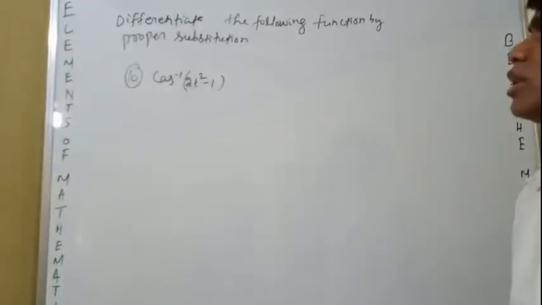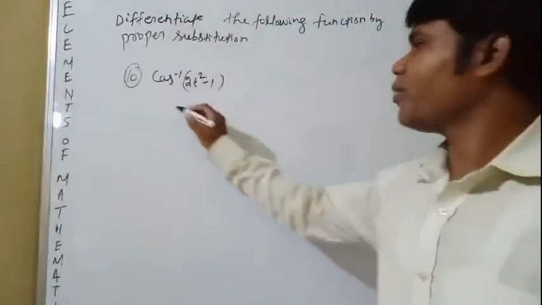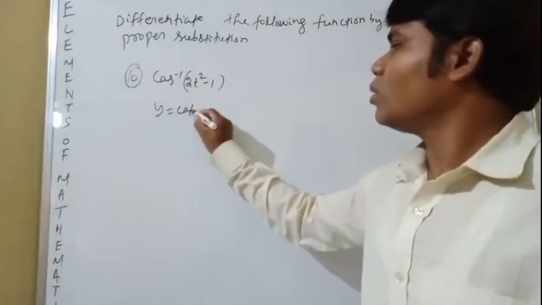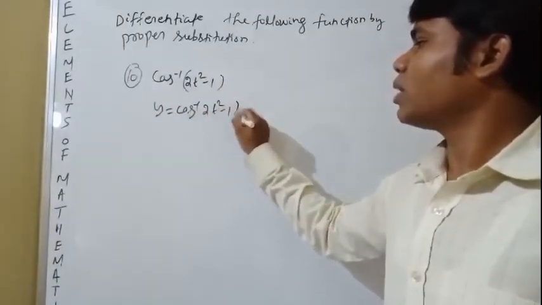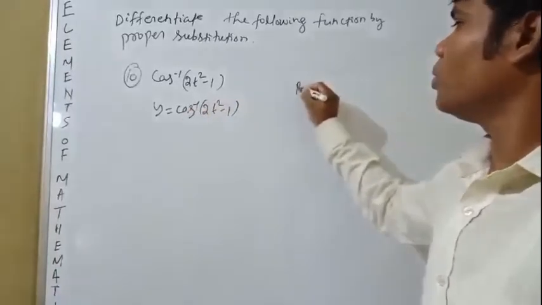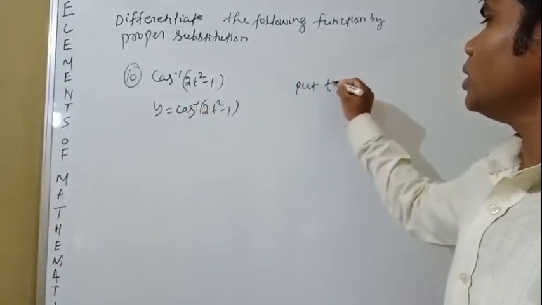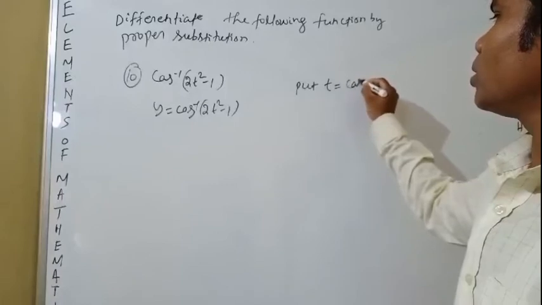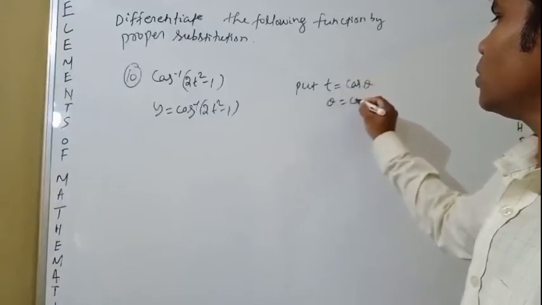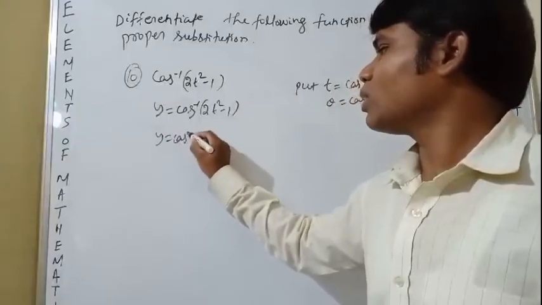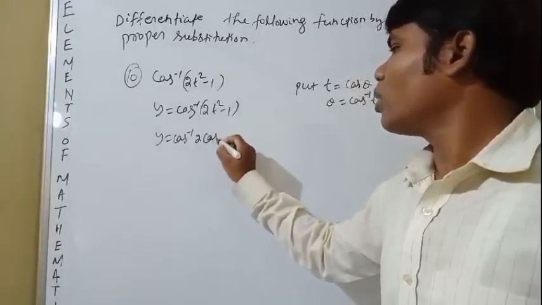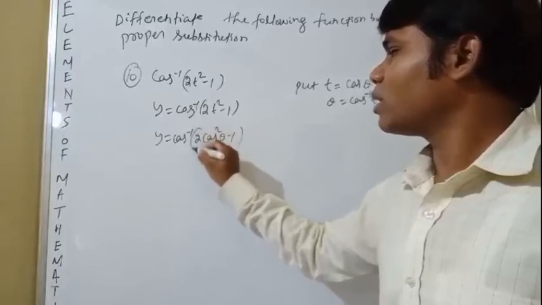You see the next question, cos inverse of 2t square minus 1. You take y is equal to cos inverse of 2t square minus 1. Put t is equal to cos theta, so theta is equal to cos inverse t. Y is equal to cos inverse of 2 cos square theta minus 1.